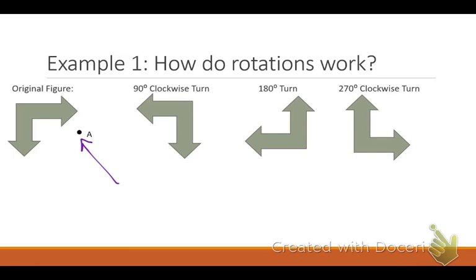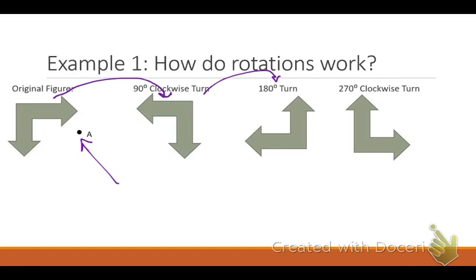All right. So a rotation, guys, centers around the center of rotation, or it turns around the center of rotation. So if I'm going from the original figure, each 90-degree turn, going clockwise, moves to this position. Can you kind of imagine that? It's turning. And if it turns again in the same direction, it would be at 180 degrees.